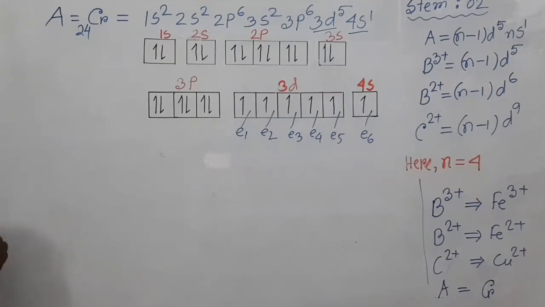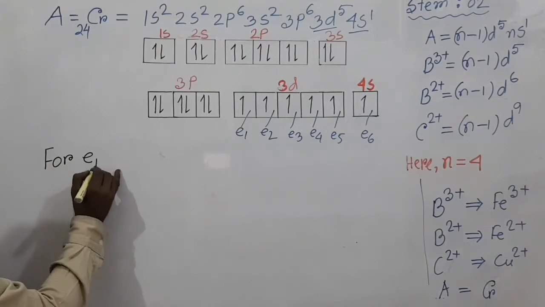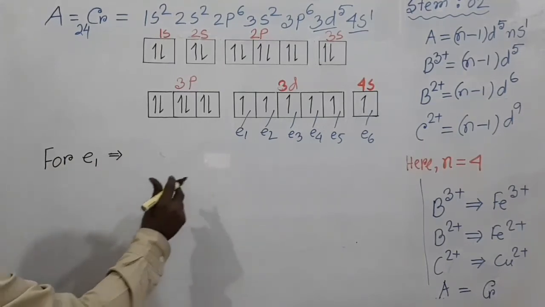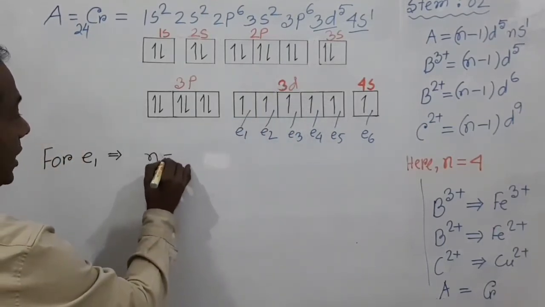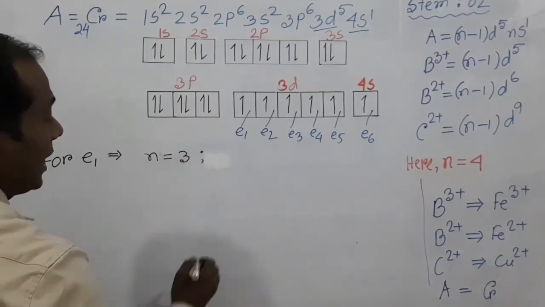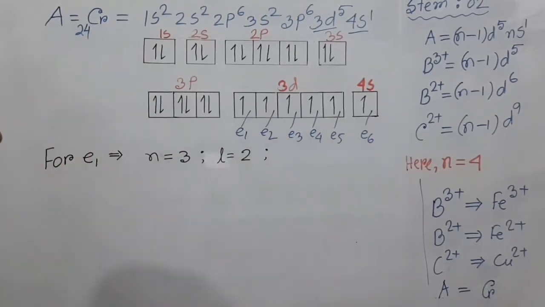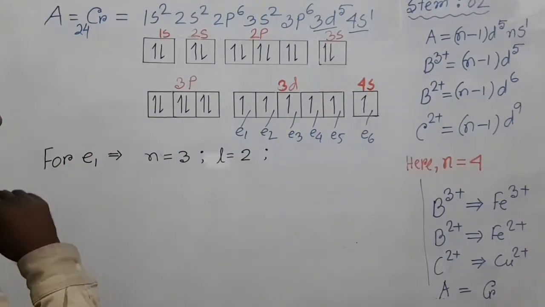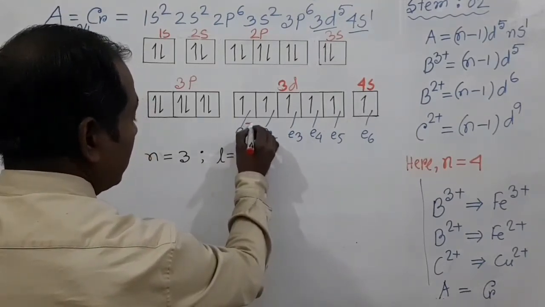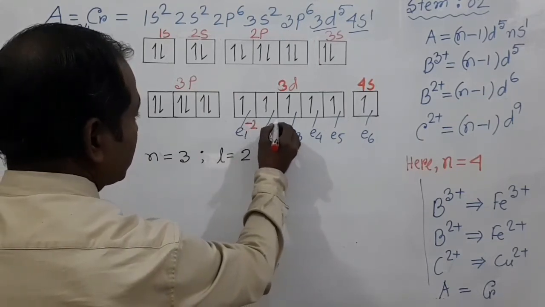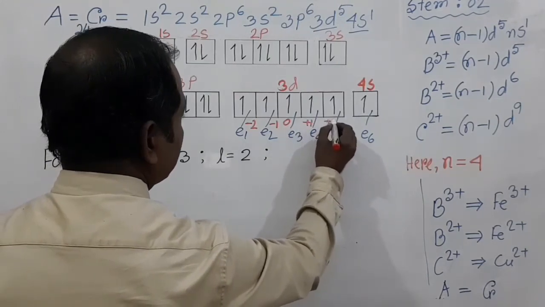Now we can calculate the 4 quantum numbers for E1. This electron is present in the 3d orbital, so n equal to 3 and l equal to 2. When l equal to 2, the values of m are -2, -1, 0, +1, +2.